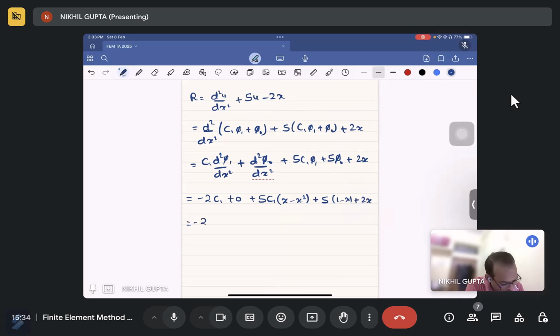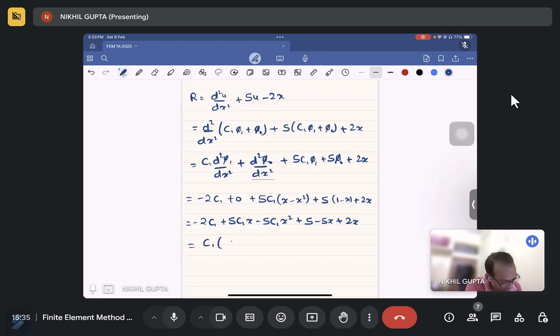This is minus 2c1 plus 5c1x minus 5c1x square plus 5 minus 5x plus 2x. When you solve it, let's take c1 common.